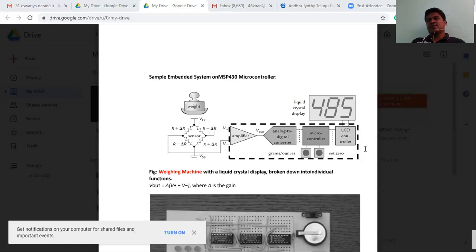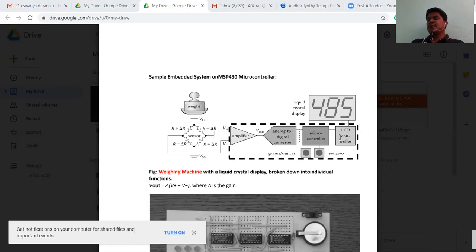Coming to the microcontroller viewpoint here, for implementing this we require many ICs. Maybe for this Wheatstone bridge one IC, for the op-amp one IC, for the ADC one IC, for the microcontroller one more IC, for the LCD controller one more IC.